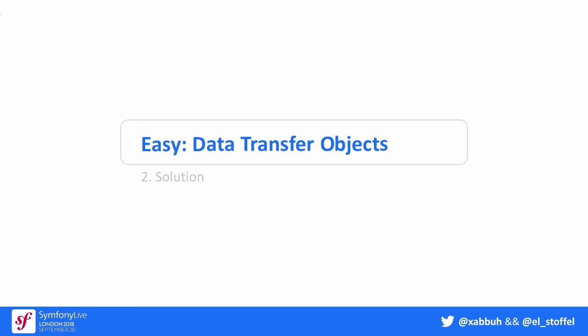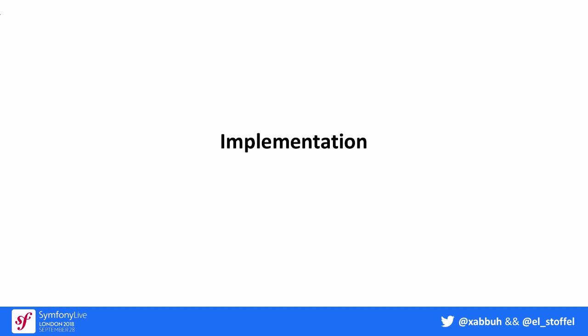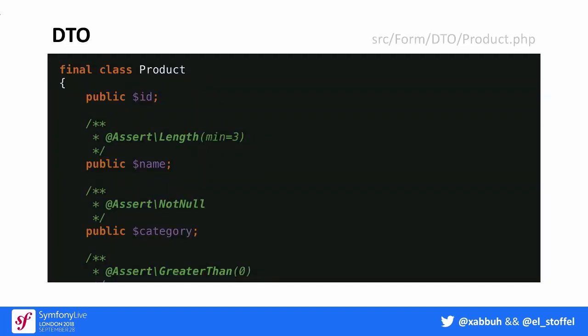Yes, it's my turn. So data transfer objects, so-called DTOs, are one way to solve this problem. So we can implement an additional class. In this case, it's a final class product with public properties. And on these properties, you will see their assertions once again. Okay?